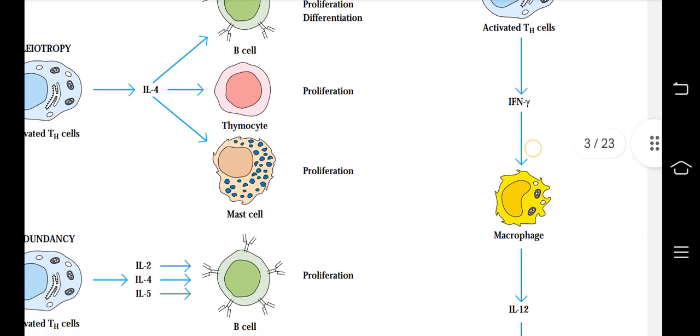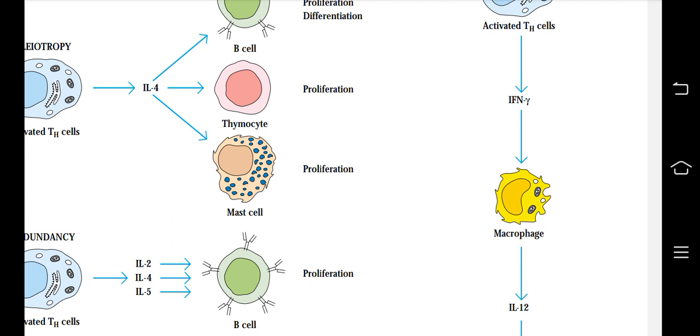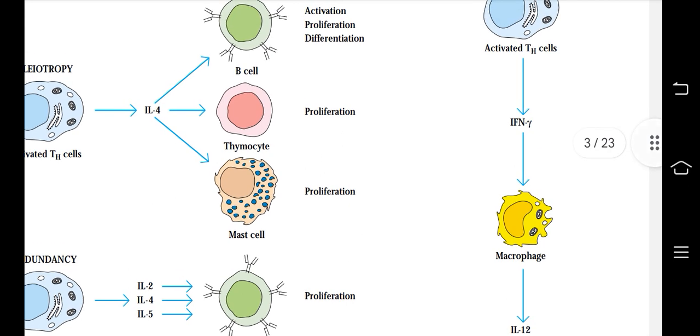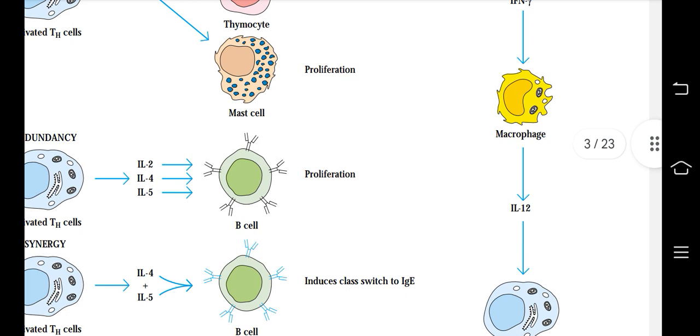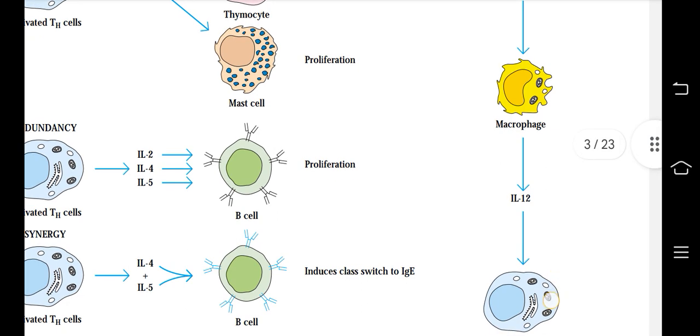IFN gamma, macrophage. This activated Th cell secretes IFN gamma, which is the cytokine. Okay, so that is going to be a very important part. So IFN gamma is a cytokine which acts on this macrophage, which will produce IL-12, which is another cytokine.